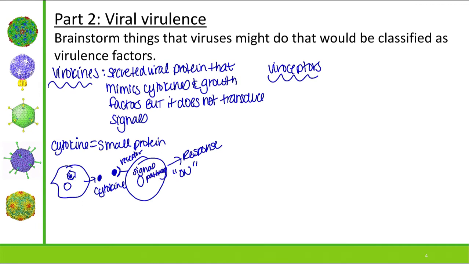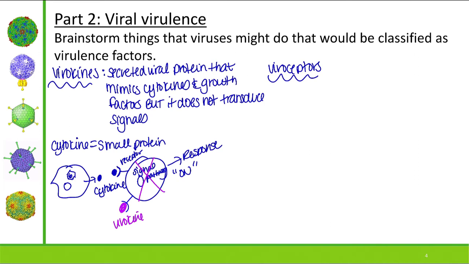Instead of the cytokine binding the receptor, a signaling pathway happening and a response happening, the virokine will bind that receptor, but we get no signaling pathway. And so it mimics a cytokine in how it works in terms of binding to the receptor, but not in terms of the signal transduction pathway. And so it's going to stop that as well.